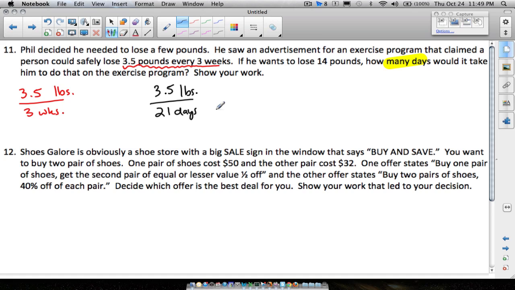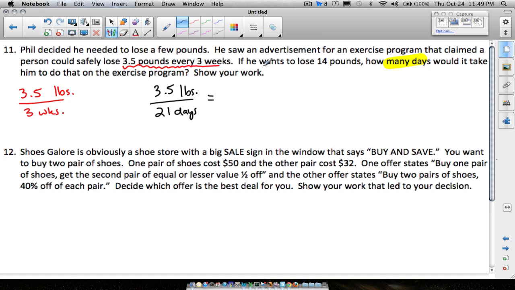You got to be careful there. You got to read these problems. We didn't say we lose 3.5 pounds every 3 days. We said we lose 3.5 pounds every 3 weeks. That's the same thing as losing 3.5 pounds in 21 days because there's 7 days per week, so 7 times 3 gives you 21 days. This is the rate that you want to use.